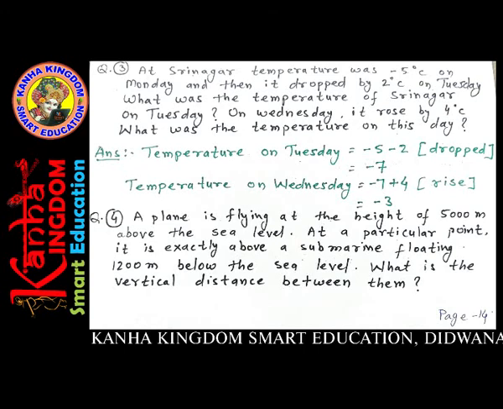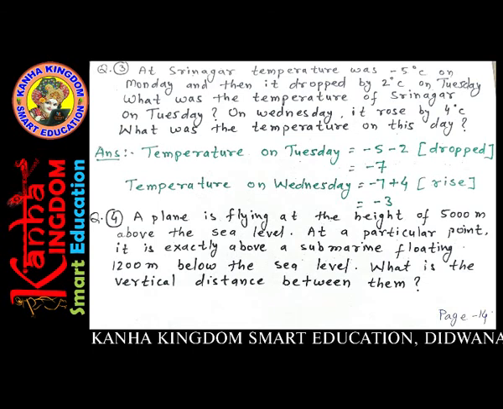Question number 3. At Srinagar, the temperature was -5 degrees centigrade on Monday and then it dropped by 2 degrees centigrade on Tuesday. What was the temperature of Srinagar on Tuesday? On Wednesday, it rose by 4 degrees centigrade. What was the temperature on this day?